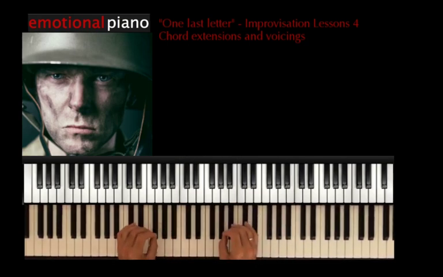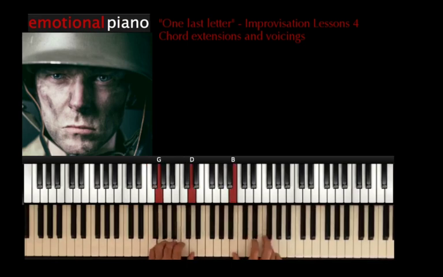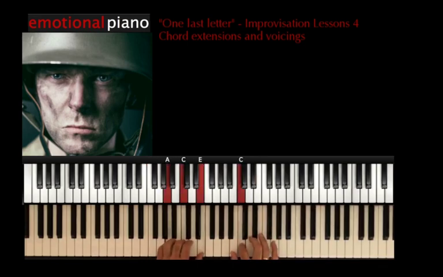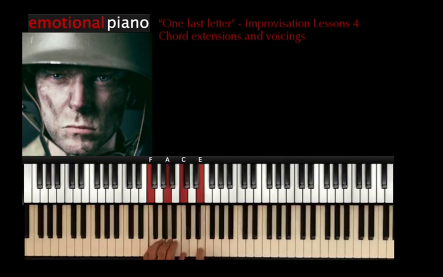So let's play part 2 of our improvisation. I think you remember this one. In the left hand we have F major, G major and A minor. But let's add the 7 for the F, 9 for G and 9 for A minor.